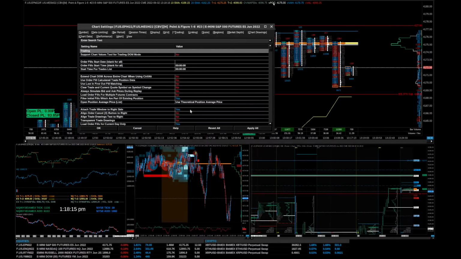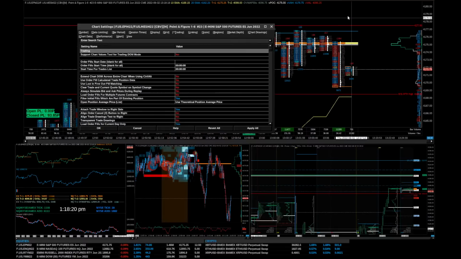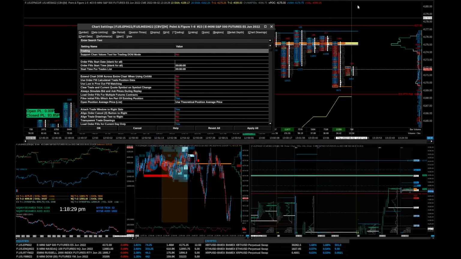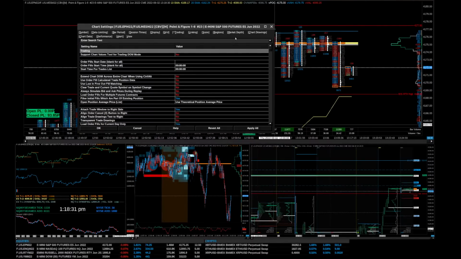And why do I do that? Because this will add profit, and then reduce my average position size or move my average position price higher. And then I feel more comfortable letting it run.